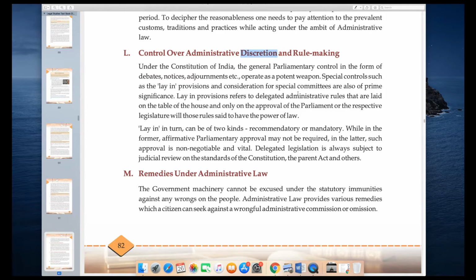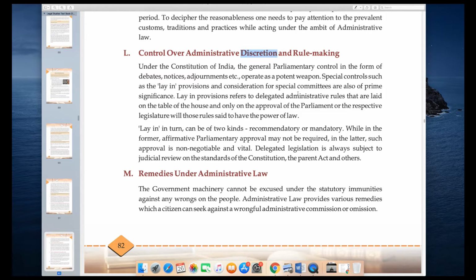In that case, the administrative authority has the power to choose or decide what is the applicable, reasonable action for that particular situation, circumstance, and group. So it can decide accordingly. It is not always that it needs to follow the rule book. Sometimes it can use discretionary power.